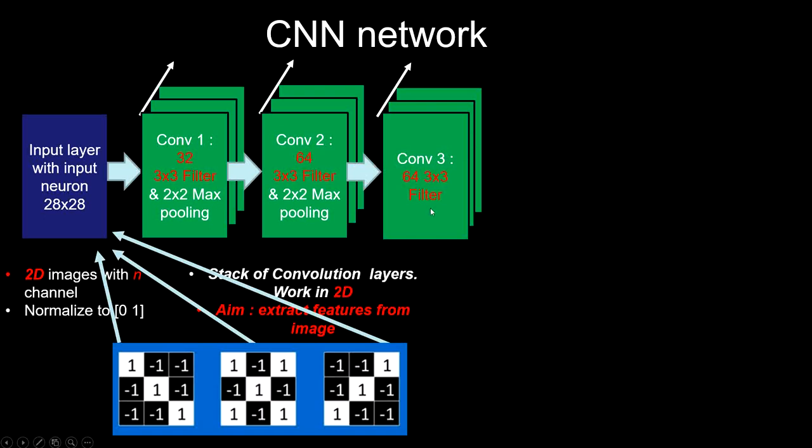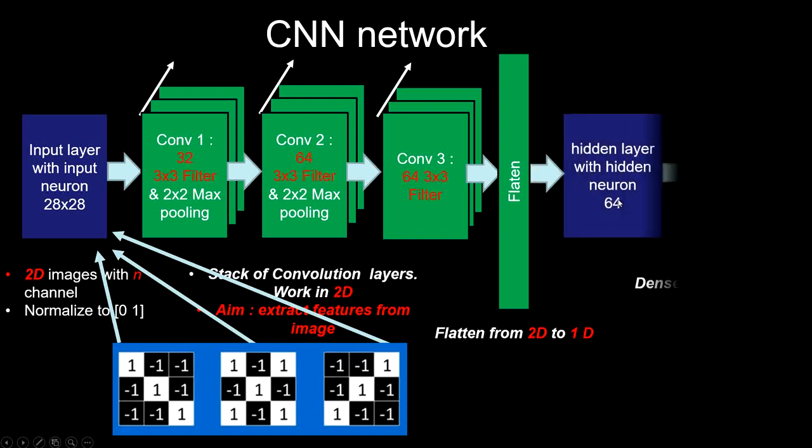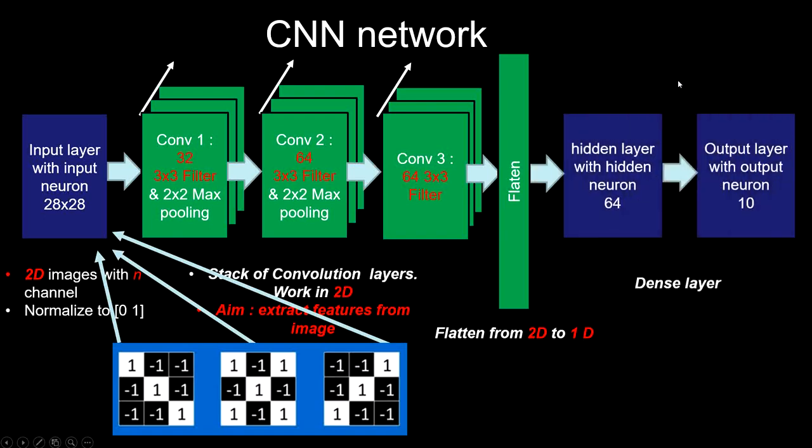Once you have stacked the 2D convolutional layers, the next part is we flatten the layers. Flatten the layers means that in this convolutional stage, we have the 2D dimension of the image, so we need to flatten that into 1D in order to plug it into the dense model.